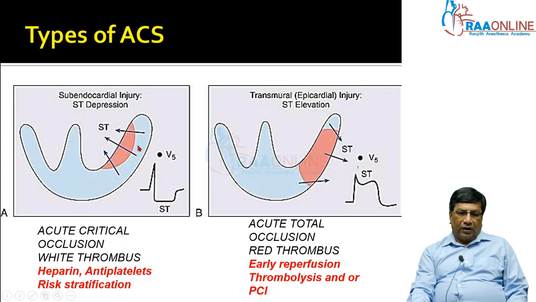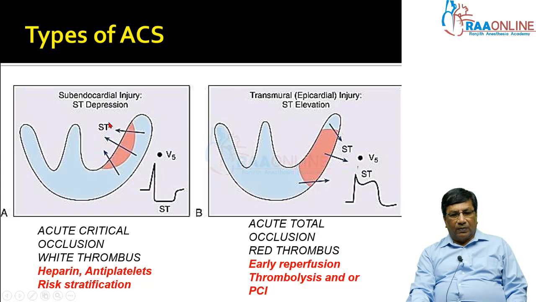We already told you non-ST elevation ACS is due to a plaque erosion. The basic pathology is a plaque erosion which exposes some content of the lipid core, the content of your plaque, to the circulation. So predominantly in non-ST elevation ACS, platelets get aggravated, platelet aggregation happens, platelets get activated.